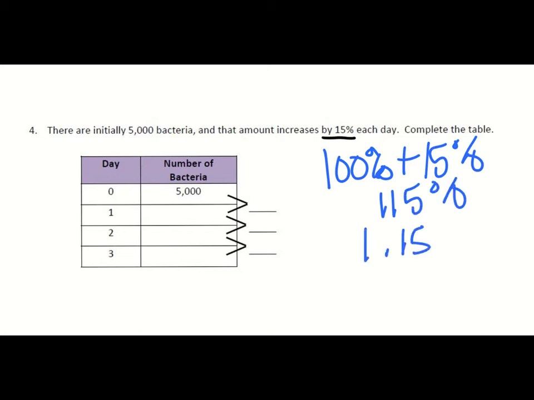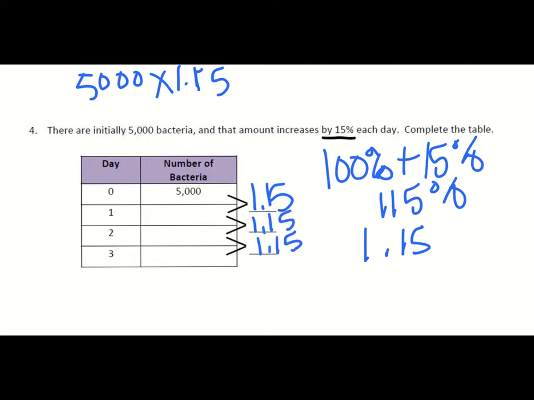So you're multiplying by 1.15 every time. And so I'm going to do 5,000 times 1.15. That's going to give me 5,750.